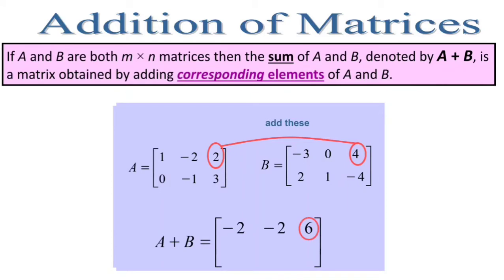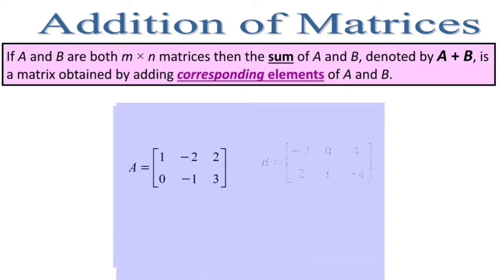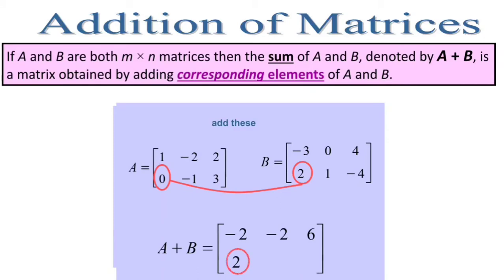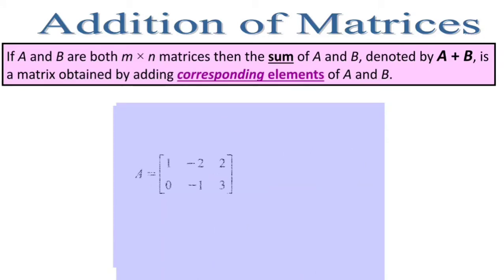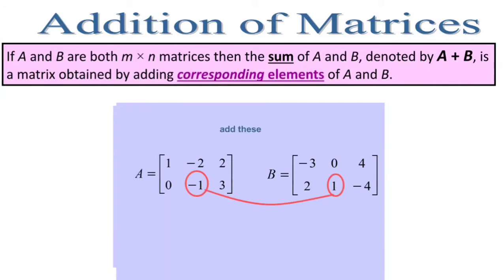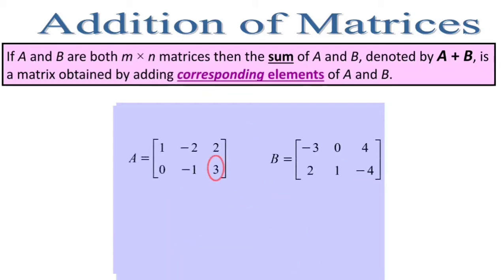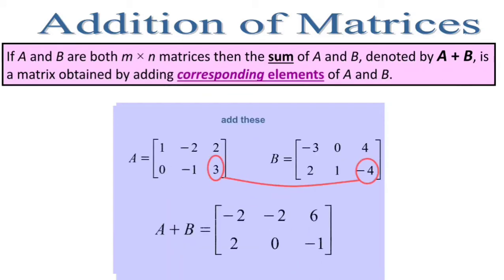And the same process applied on the next elements, that is 0 plus 2 is 2. Then minus 1 plus 1, it becomes 0. Then the last element, 3 plus minus 4, it becomes minus 1.